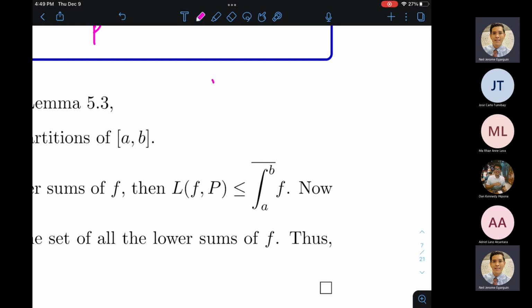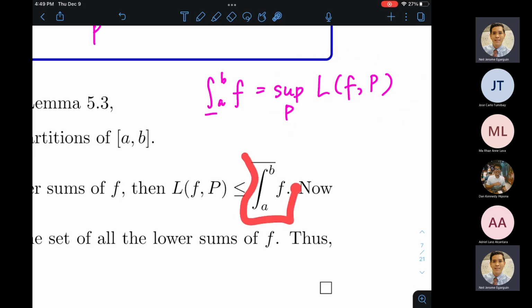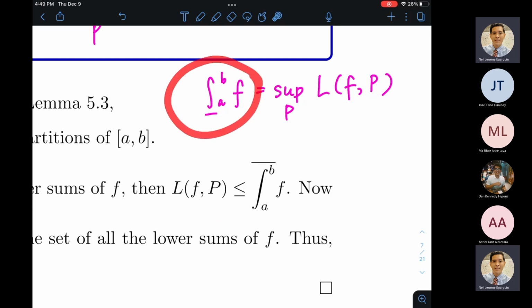Pero ano nga yung tanda natin? Yung lower Riemann integral, okay, siya yung supremum ng mga lower Riemann sums over P. All right? So siya yung supremum, so siya yung least upper bound. Pero alam natin yung upper Riemann integral ay isa sa mga upper bounds ng set of all lower Riemann sums. Siya na nga yung supremum. Siya na nga yung least upper bound.